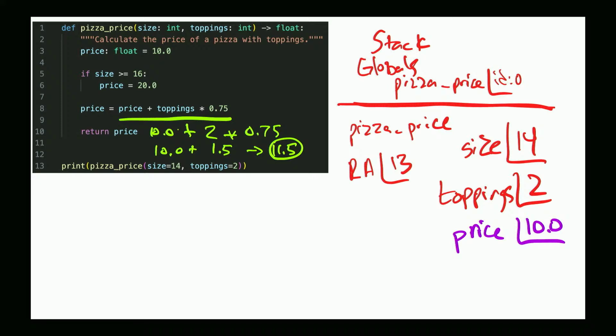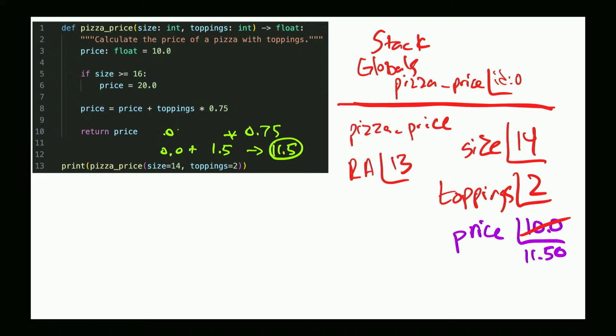Now that we've evaluated this expression, we bind that value to the price variable. So we no longer have a price of 10. That price is being updated to be 11.5 or 11.50. Python would technically treat this as 11.5, but if you wrote 11.50, that's fine.